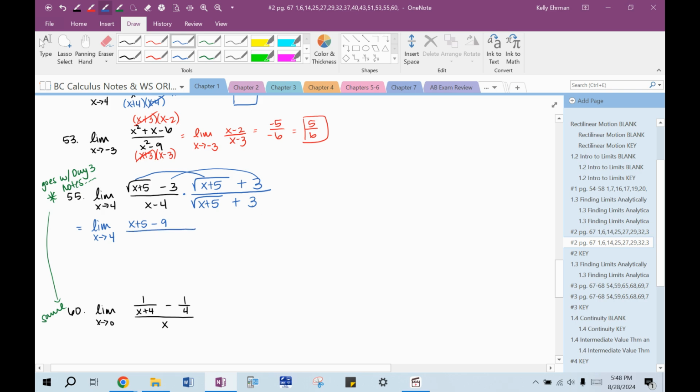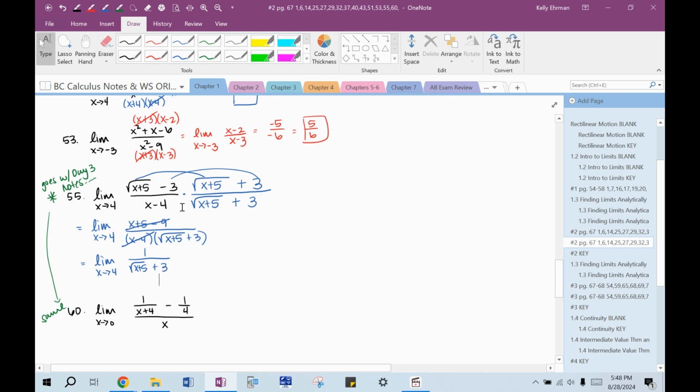We don't multiply through the denominator, so let's leave x minus 4, got to put it in parentheses, multiplied by parentheses square root of x plus 5 plus 3. Now this expression in the numerator, this is x minus 4. So this can cancel with this. So now it's the limit as x approaches 4 of 1 over just square root of x plus 5 plus 3.